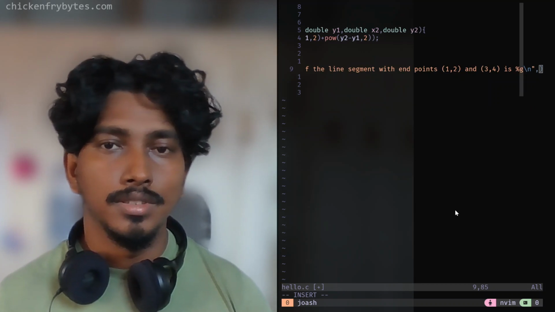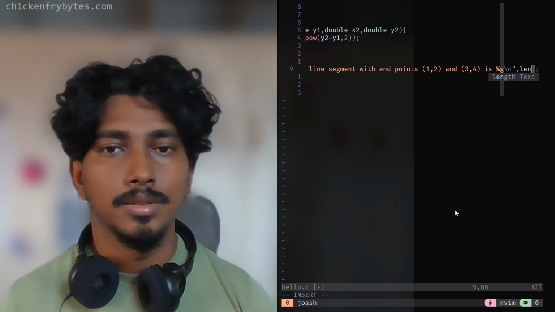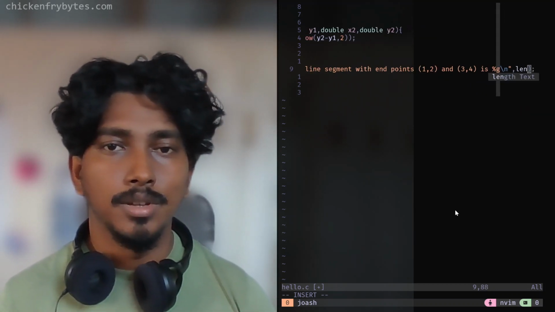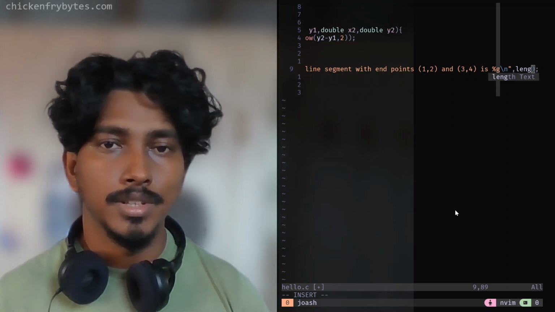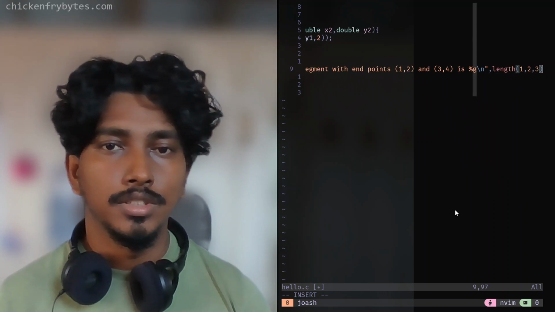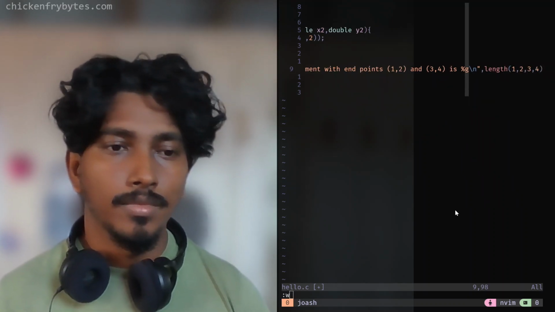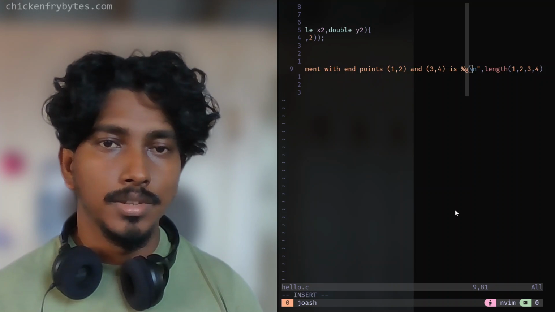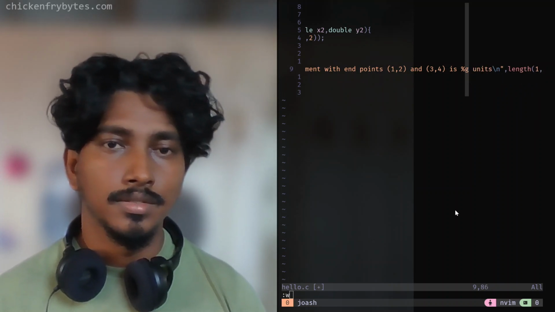And we're going to say length, and we need to pass in x1, y1, x2, y2 respectively. So we're going to say 1, 2, 3, 4. And we can say units.